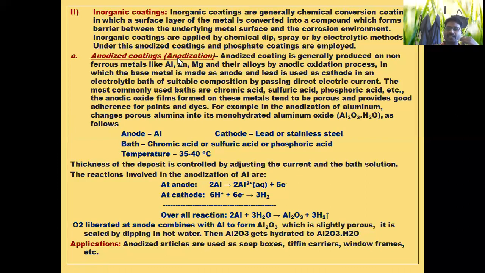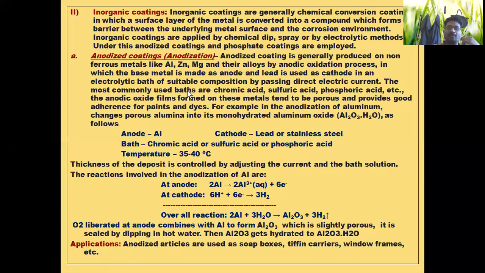What is the anodic oxidation process here? In it, the base metal is made the anode. Base metal means, if you want to take aluminum, aluminum will be made the anode. Zinc, magnesium, likewise. And lead is used as cathode in an electrolytic bath of suitable composition by passing direct current.